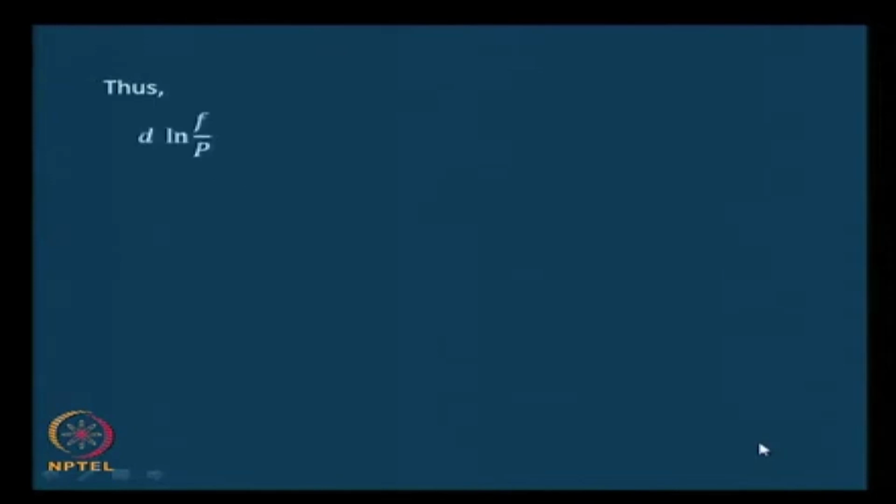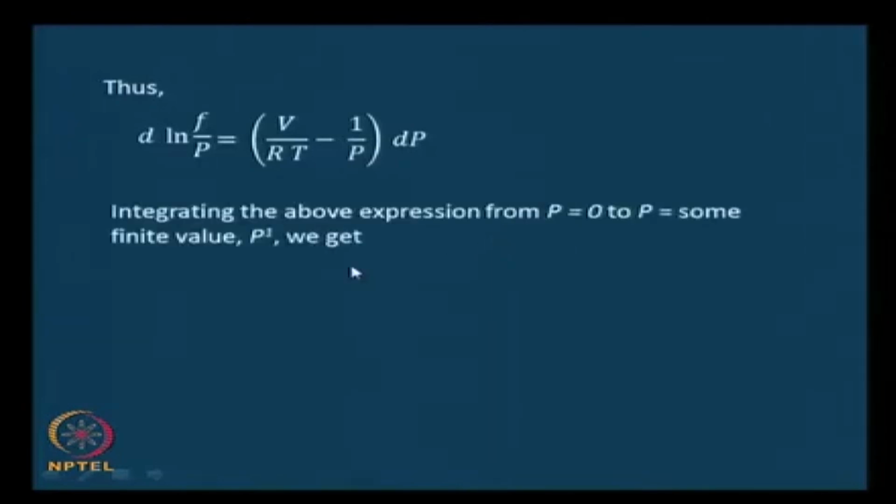Therefore, d ln f by p equals V by RT minus 1 by p dp. The need for writing it this way will become very clear. We are trying to bring it in terms of the compressibility factor. We know that PV by RT is the compressibility factor. Okay, we will get to that in a little while.